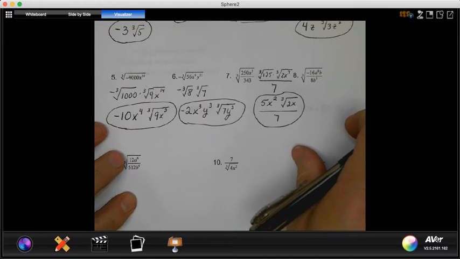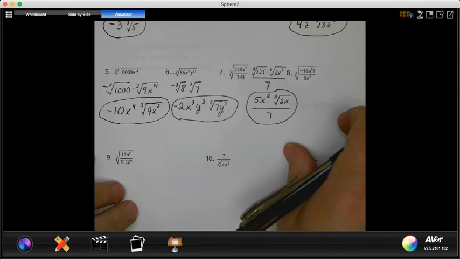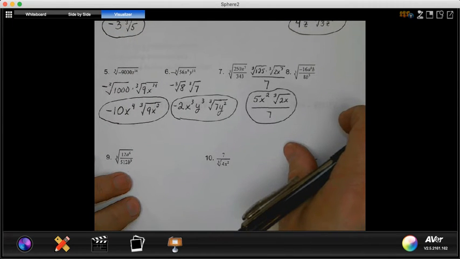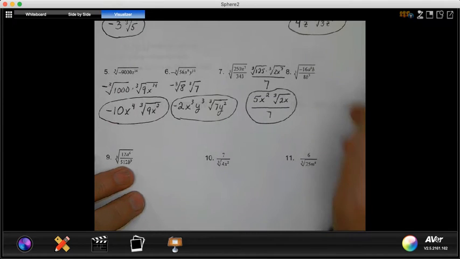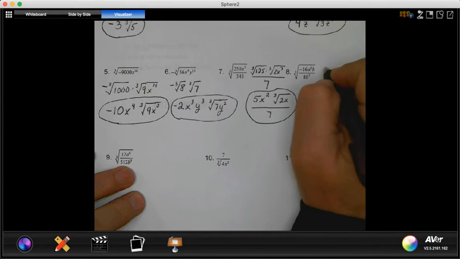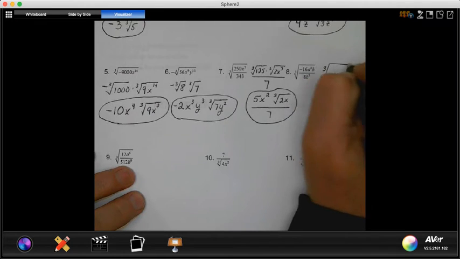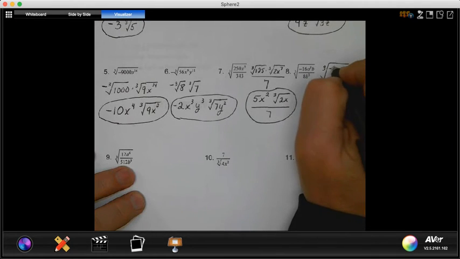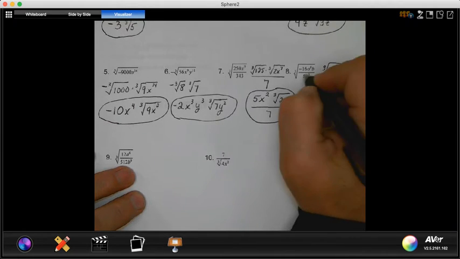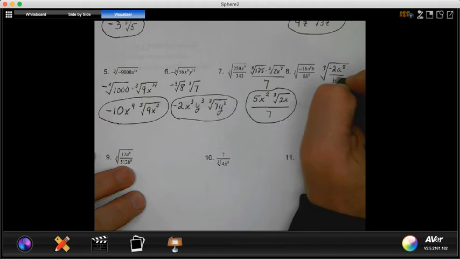With number 8, it looks like we can simplify before we multiply. So let's simplify before we multiply. So under the cube root, in the numerator, I'll have negative 2a to the 8th, and then the denominator, I'll just have b squared.